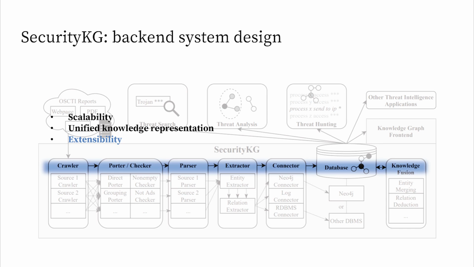However, if the user cares less about multi-hop relations, he or she may switch to an RDBMS using a SQL connector. Similarly, parsers and extractors can be switched or extended, making the system extensible. Furthermore, the system can be configured through a user-provided configuration file, which specifies the set of components to use and additional parameters that are passed to these components.